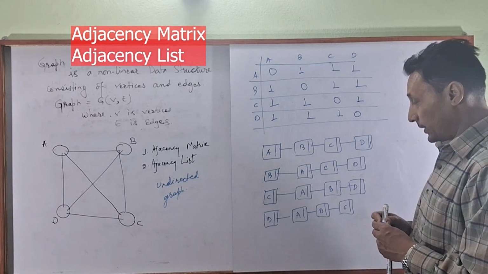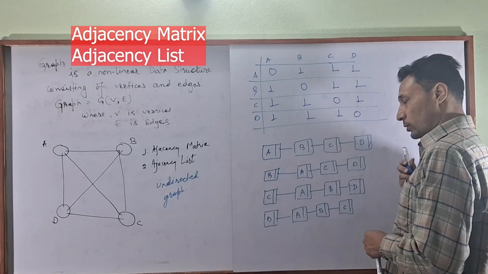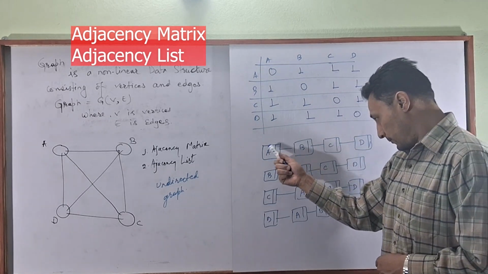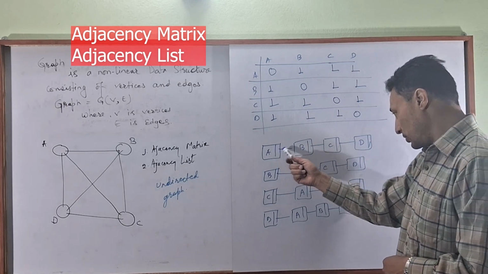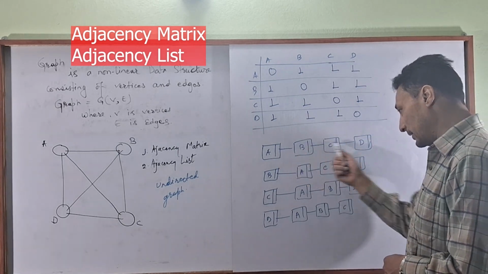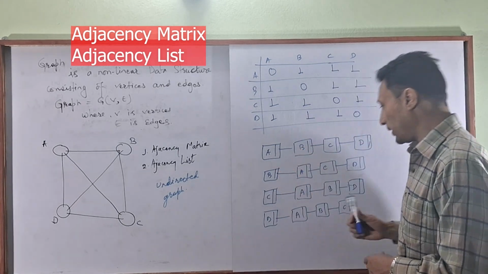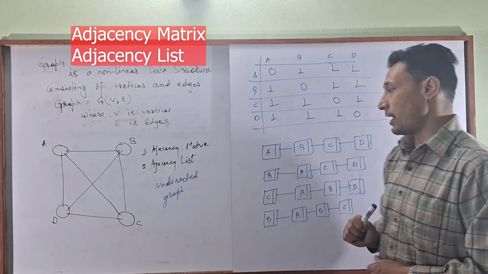Here we are creating the chain of the nodes, and for a particular node, the other nodes connected to it are chained like in a linked list. So in this way we can represent the graph in computer.